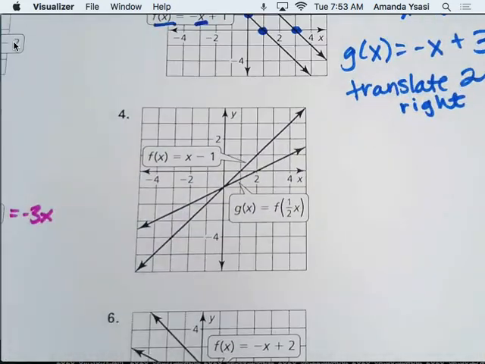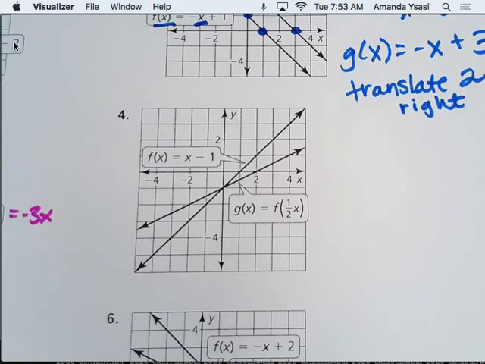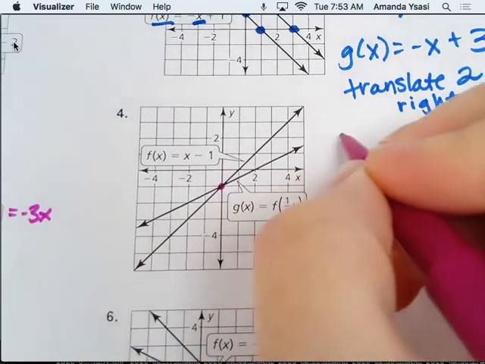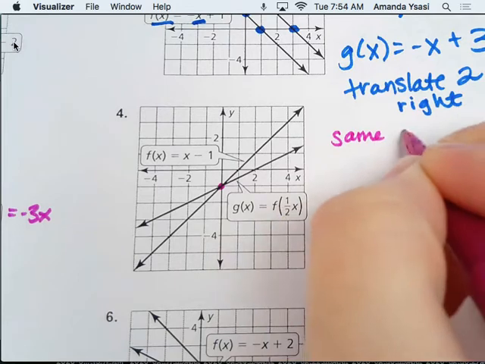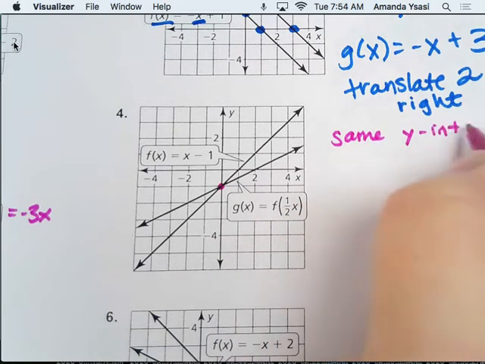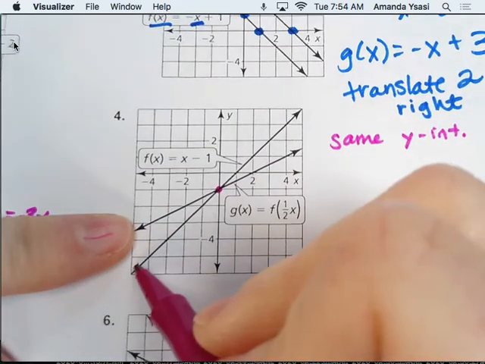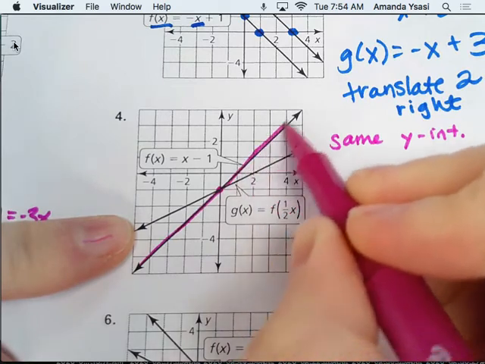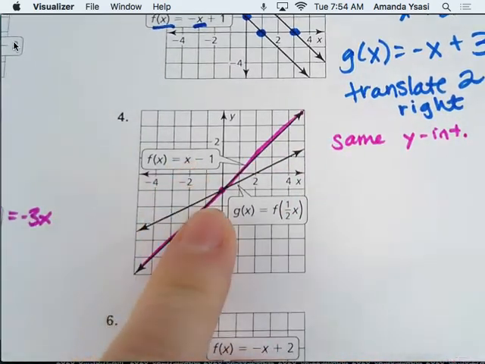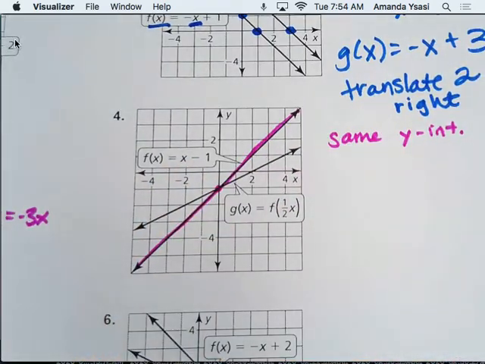If we just look at the graph, what do you notice about the graph? It has the same line. Okay, so we're going to write that same y-intercept. Okay, what changed though? f of x is this one. And then g of x, which one's steeper? f of x.